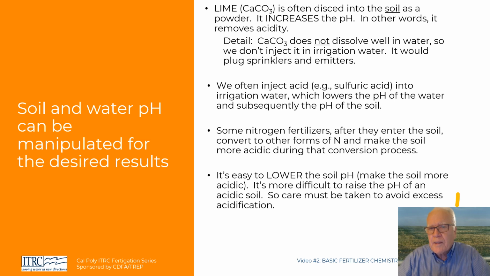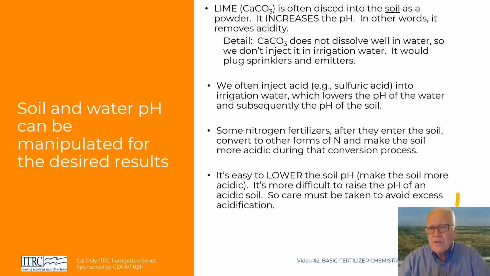In other words, what happens is you increase the pH. If you had acidity, you get rid of it. That doesn't work well if you try to do it through the irrigation system, for a simple reason that calcium carbonate doesn't dissolve. Not very well. It does eventually. We know we have limestone caverns, but it doesn't dissolve sufficiently well in the irrigation water.